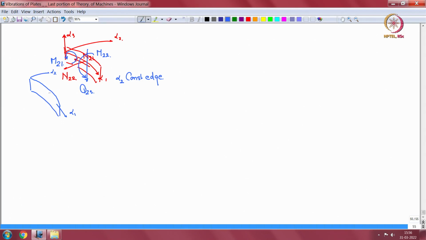Okay. So M22 will be associated with this out of plane beta 2. Then N22 is associated with U2. Then N21 is associated with U1. Then Q23 is associated with U3.